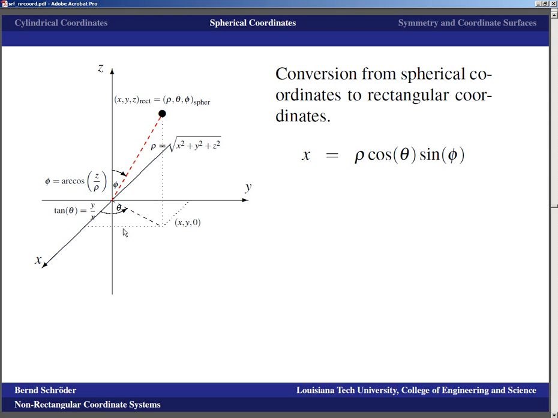Then r times sine theta will be y, so y equals r, being rho times sine phi, times sine theta.